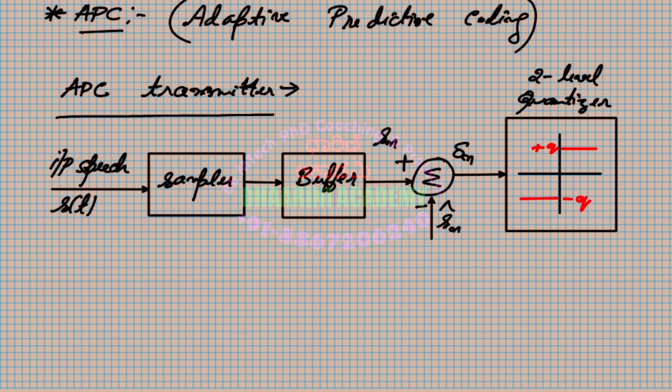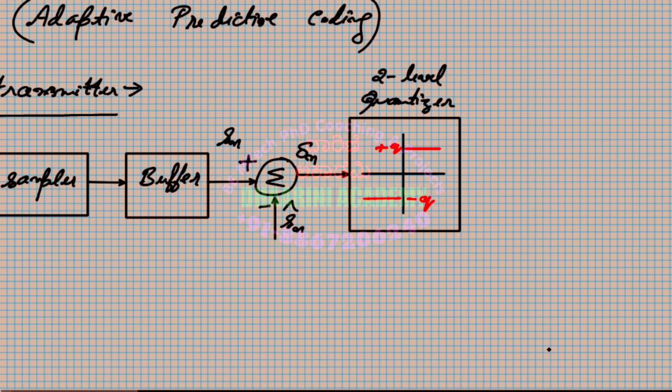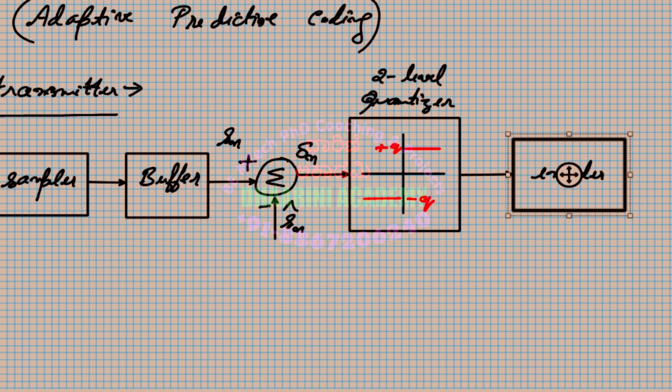Recall the output of a quantizer is connected to an encoder. So as usual, I'm connecting this to an encoder. This is the encoder block, and the output of the encoder goes directly to the multiplexer, where you can have multiple predictor parameters coming as an input, and you get a single output that goes to the digital channel through which you transmit the data.